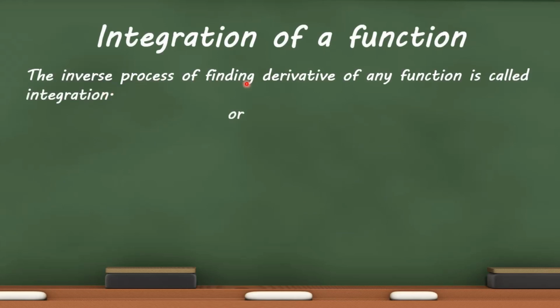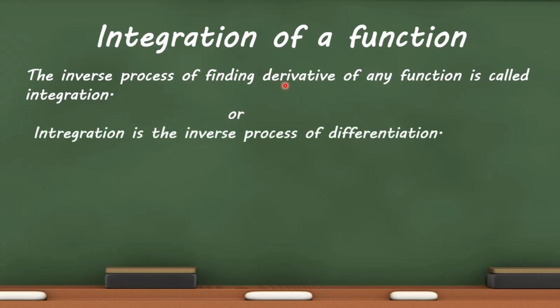The inverse process of finding the derivative of a function is called integration. You should know the meaning of integration. What is integration? Like differentiation, the process of finding a derivative is known as differentiation, and integration means the process of finding an integral.